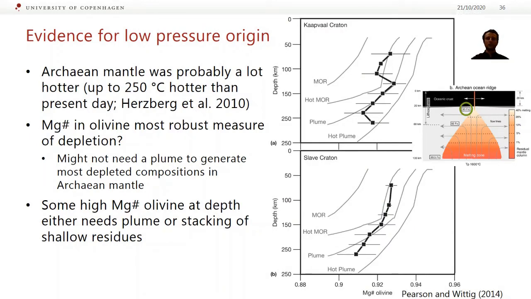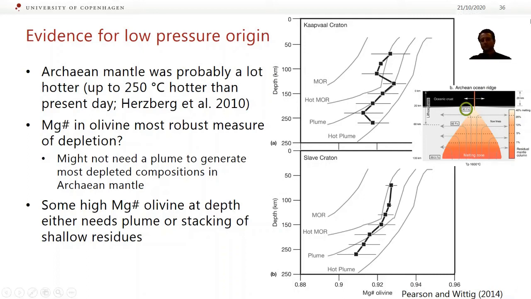In terms of evidence for a low pressure origin, a lot of this argument rests on the idea that Archean mantle was probably a lot hotter than today. So some of the more popular petrological thermal models suggest it might have been about 250 degrees hotter. So actually you might not need a plume to create these crazy depleted residues.